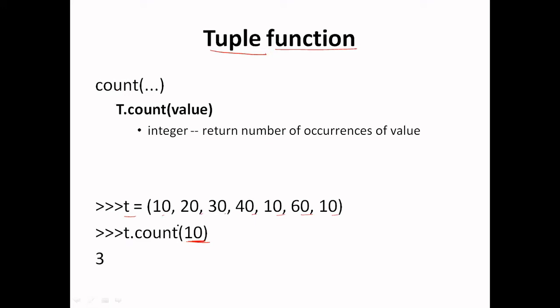I have passed 10, and 10 has occurred here 3 times, so the answer is 3. And suppose this value does not exist in this tuple object, like in this example, suppose I want to find out the count of 100 here. As 100 does not exist in this tuple object, the answer will be 0.